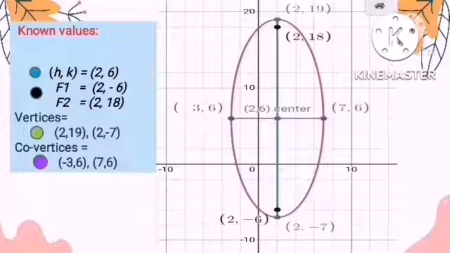And here in the left side, we can see the coordinates that are needed in our graph, alongside the color of the points that indicate which of those points in the graph they are. So the blue one is the center, or the h, k, and the black ones are the foci, and the green ones are the vertices, and the co-vertices are the violet ones.